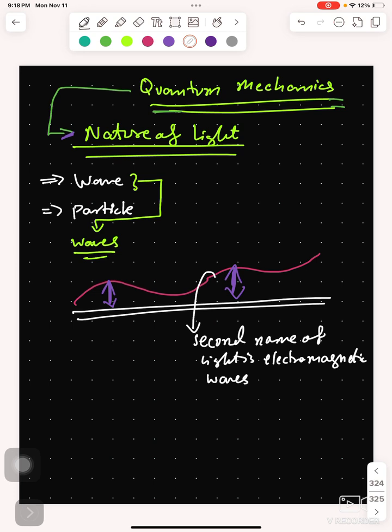Okay, that's our first clue, the first definition of waves.